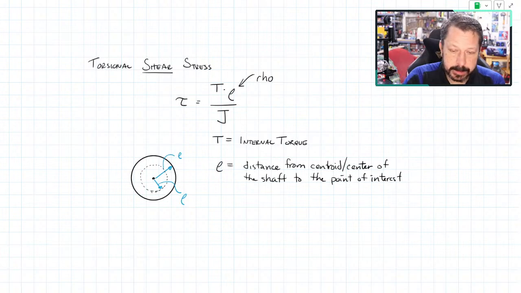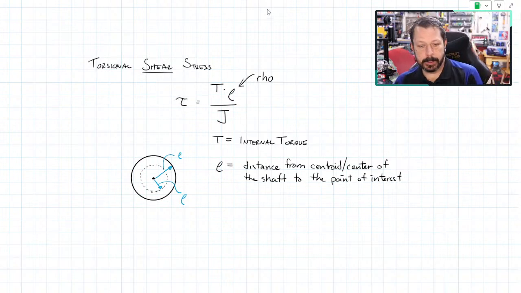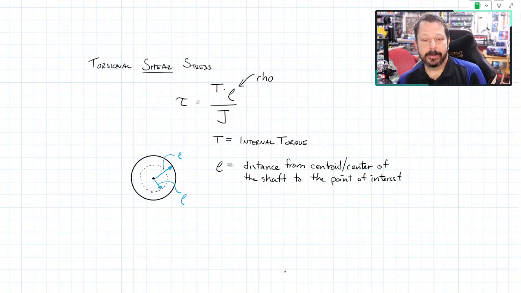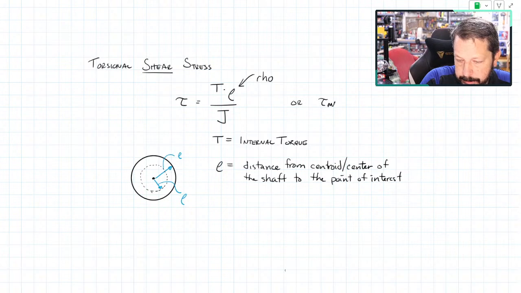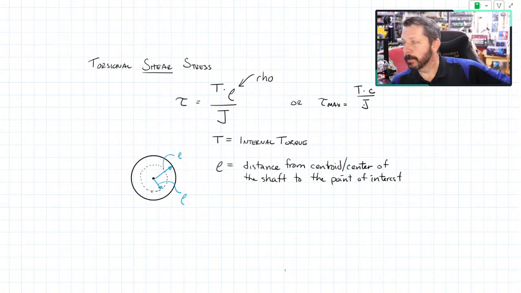Just like when we were doing the bending stress and we had this value C, and we could do MC over I, you could sometimes see an alternate equation, tau max equals T times C over J. Same idea, where the C is just the largest value of rho, so it's the outer radius.